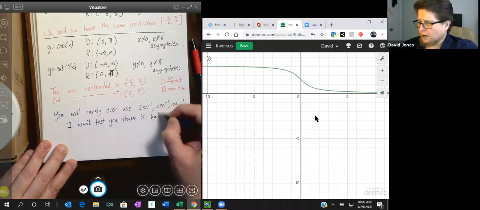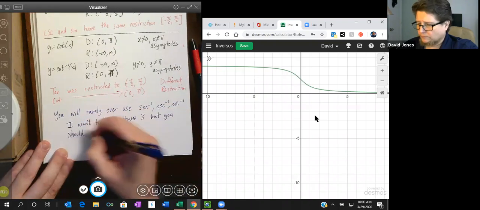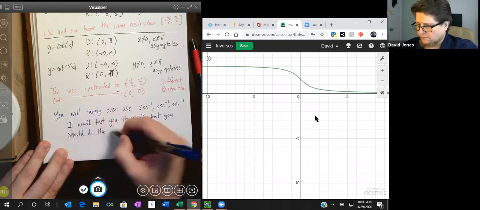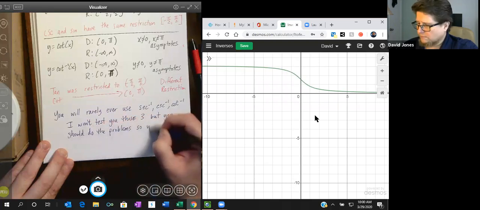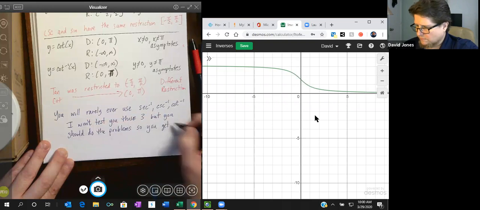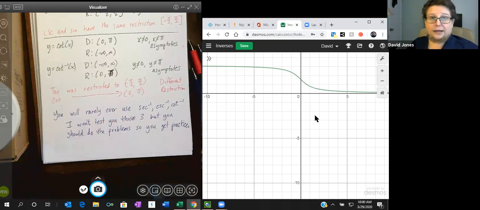But you should do the problems so you get some practice with them. For the times they do pop up, you need to at least have some experience in your life working with them.